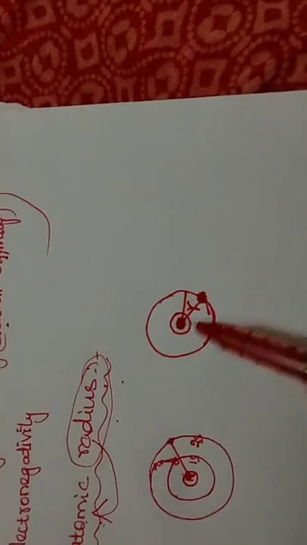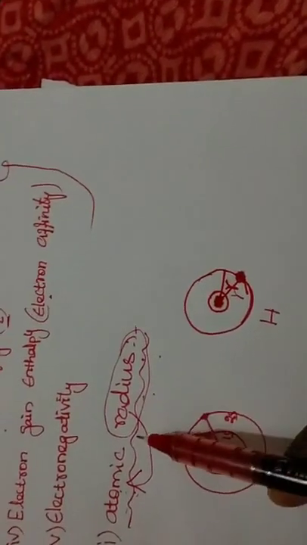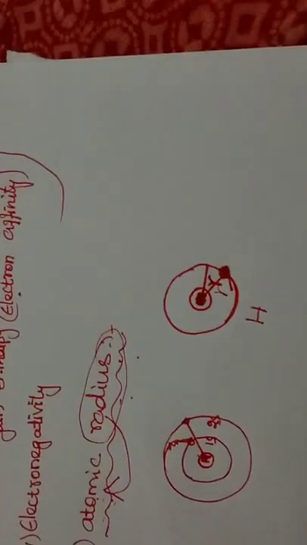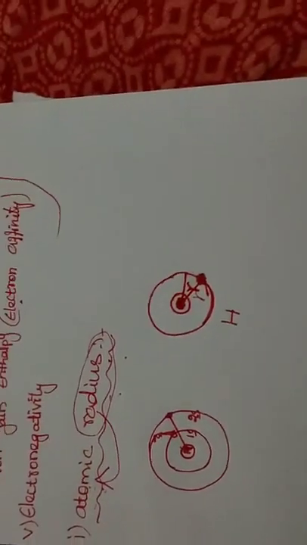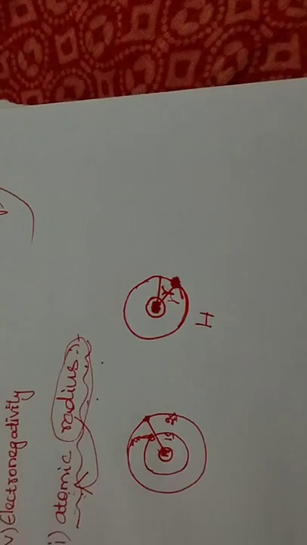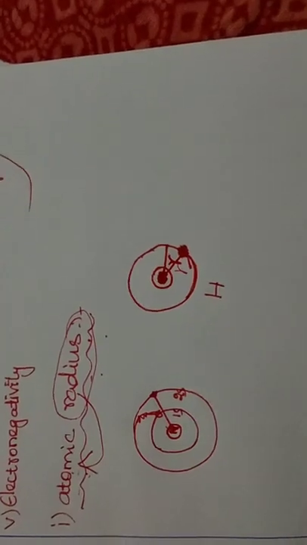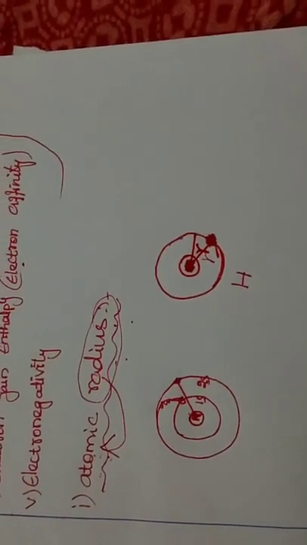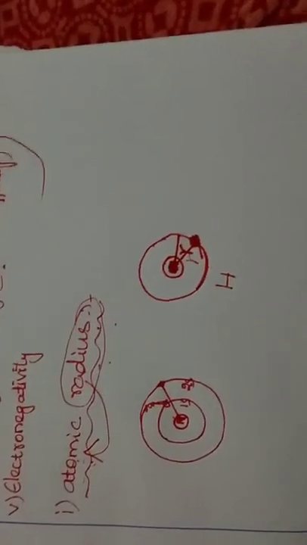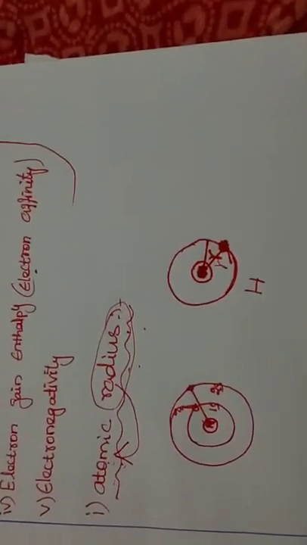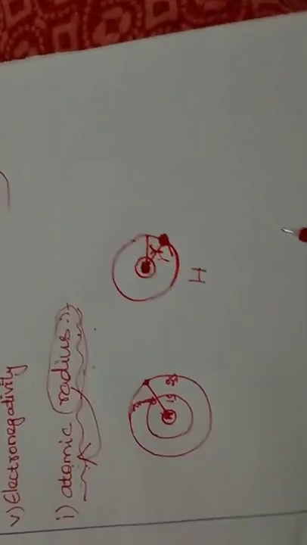So the distance between these two is known as atomic radius. There is no possibility to measure this for only one atom or the isolated atom. Okay, it's not possible to find out the atomic radius for an isolated atom directly.